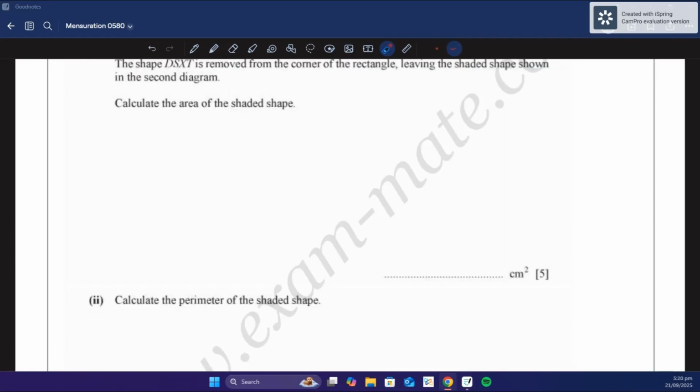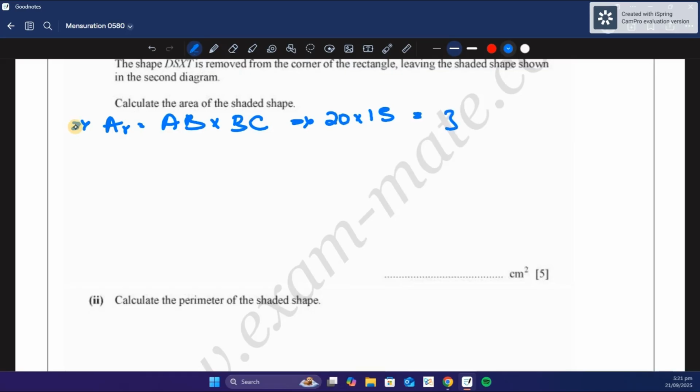So what we're going to do is first find the area of the rectangle. Area of rectangle would be AB times BC, which is 20 times 15. This would give us 300. Alright, we have the area of the rectangle. Now we're going to calculate the area of the square. The area of the square would be simply 4 times 4, which is 16.